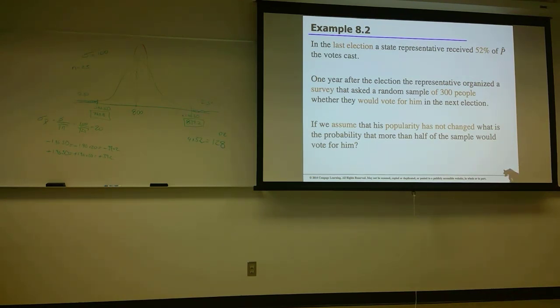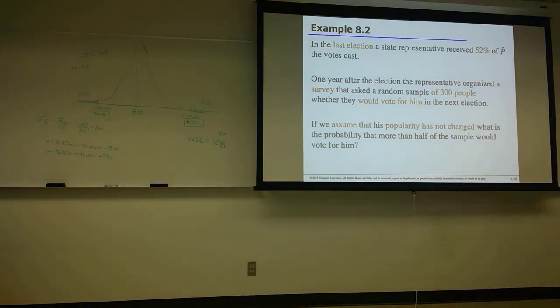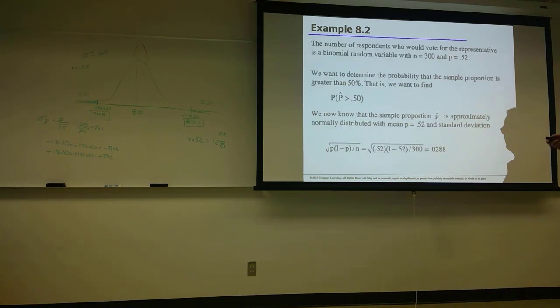What are the chances that if we ask 300 people, at least half of them say that they are supporting that candidate? So knowing that his popularity is 52%, our probability of success is 0.52. What are the chances that I take a sample size of 300, and out of those 300 people, 150 or more would say that they are voting for him?